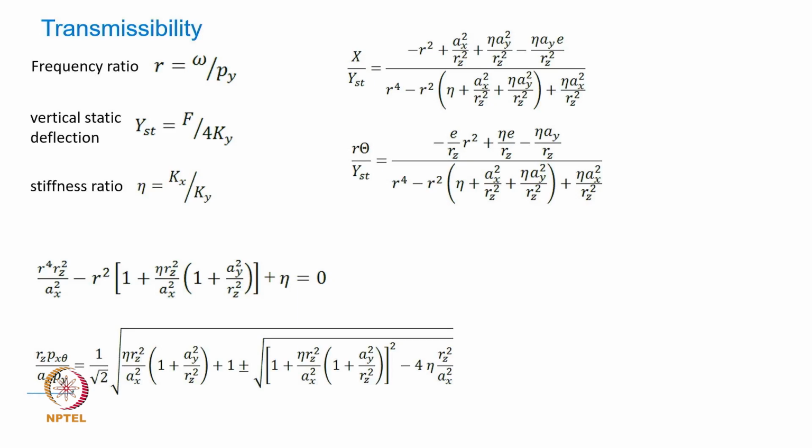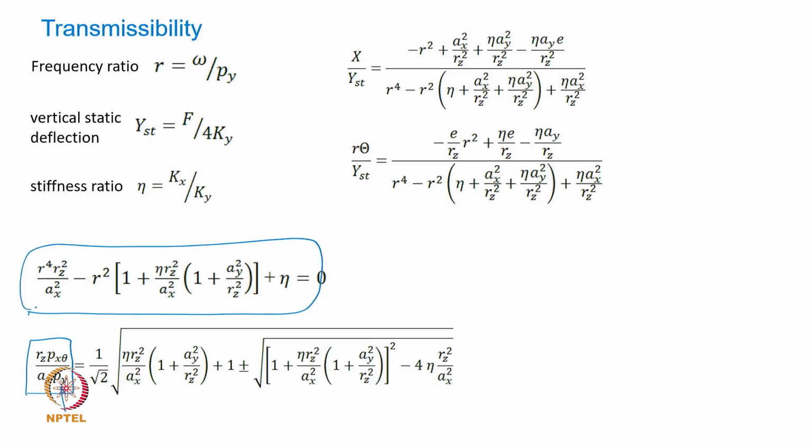We are dividing and multiplying it with some terms just to keep it non-dimensional, so that we get this right hand side expression appropriately formed, so that we can plot it properly and then derive inferences from it. So px theta is now normalized, or divided by py, and the numerator and denominator are also multiplied by rz and ax. That's how this particular equation was formed.